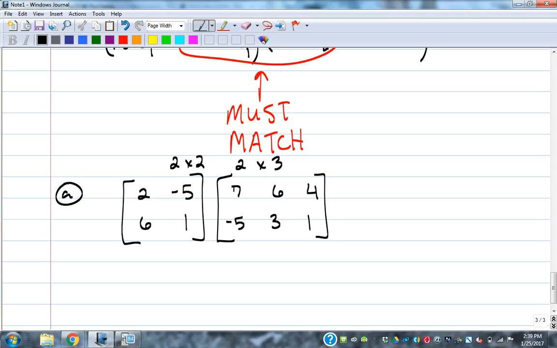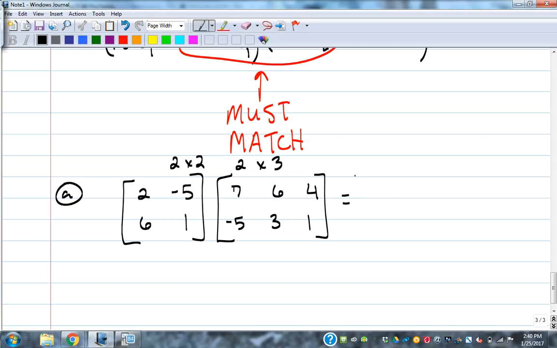So the way it works by hand is you take this row times this column. 2 times 7 is 14, plus -5 times -5 is 25, and that's the first answer in the first part of the new. You go row times column all the way across, and that gets you row 1. And then you do this row times this column all the way across, and that gets you row 2. It's pretty easy to do once you learn how to do it, but I don't see any need in spending a whole lot of time working on that.